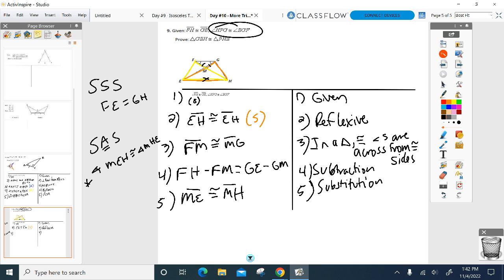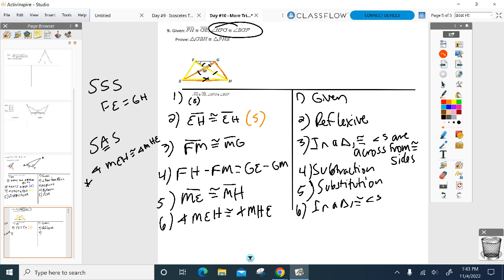All right, well, why? Who cares? I can't use that as sides. Here's why. Those segments being equal leads to that. Because now that these are equal, what type of triangle do I have on the bottom? Isosceles, and what's across from those congruent sides? The ones we needed. So that's how you got the angles congruent. Angle MEH congruent to angle MHE in a triangle.